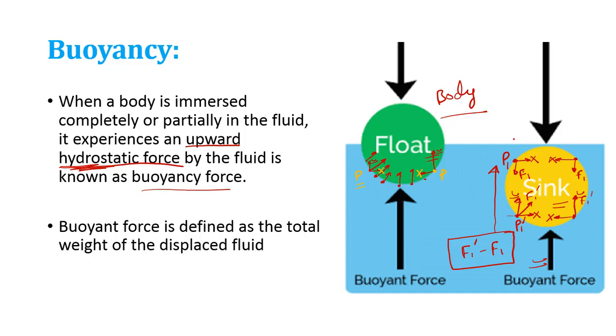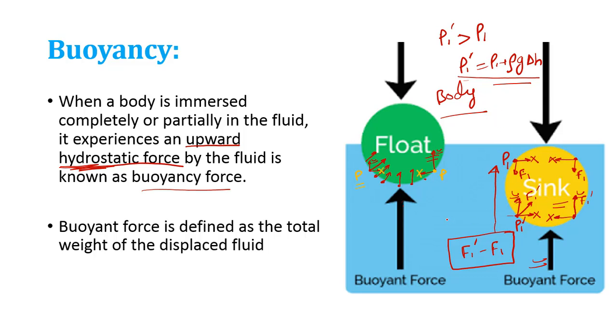As we can see, P1 dash is vertically downward, so P1 dash will be more than P1. The exact relation is P1 dash equals P1 plus rho g into delta h, the vertical distance between these two points. This concept we studied earlier and are using now. In chapters 1 and 2, this concept has been studied. If you want clarity, you can go and watch those chapters as well.